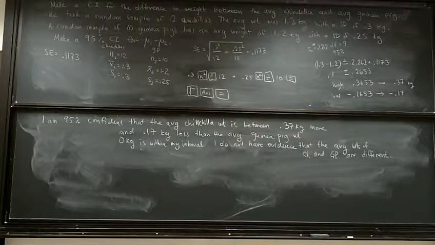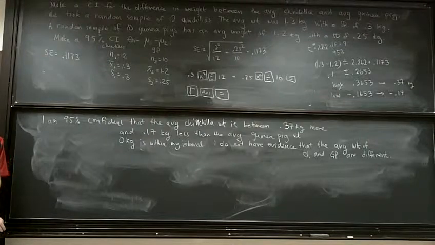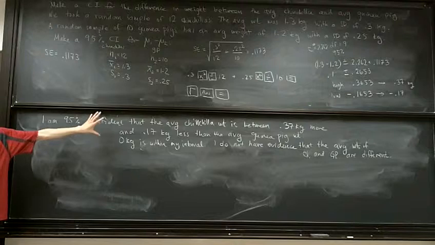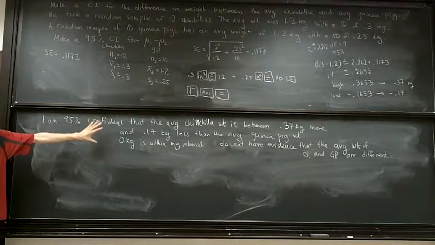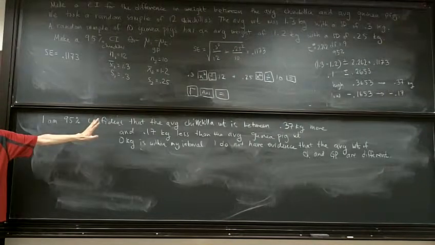We're looking to see if 0 is a possible difference. If 0 wasn't a possible difference, then our statement would be different. So this is an example where 0 is in the interval. You do not have evidence of a difference.